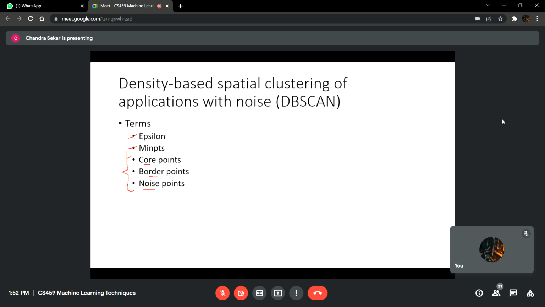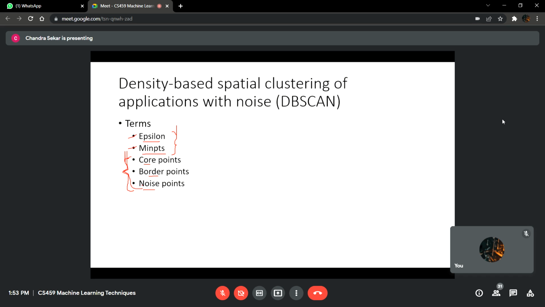Epsilon is some type of distance, something like a Euclidean distance or Manhattan distance. It is some distance measure. And min points is the number of neighboring data points. Now we have to relate epsilon and min points with all these 3 categories of points.